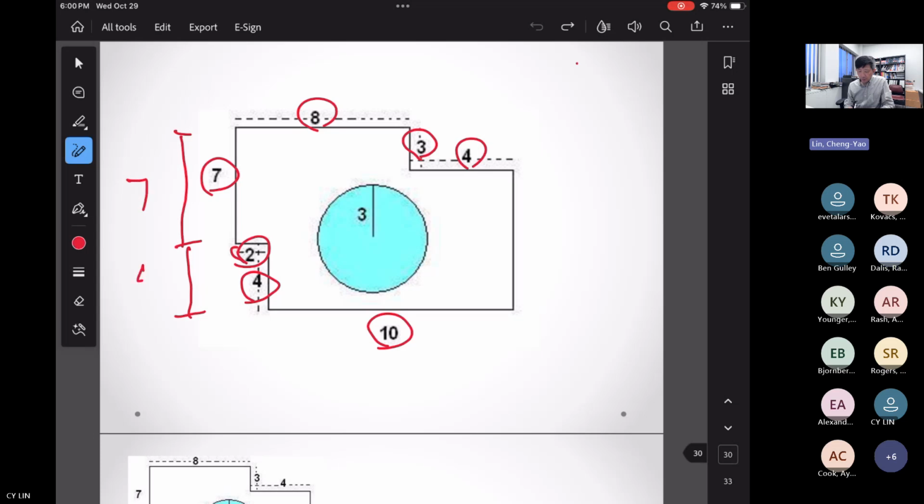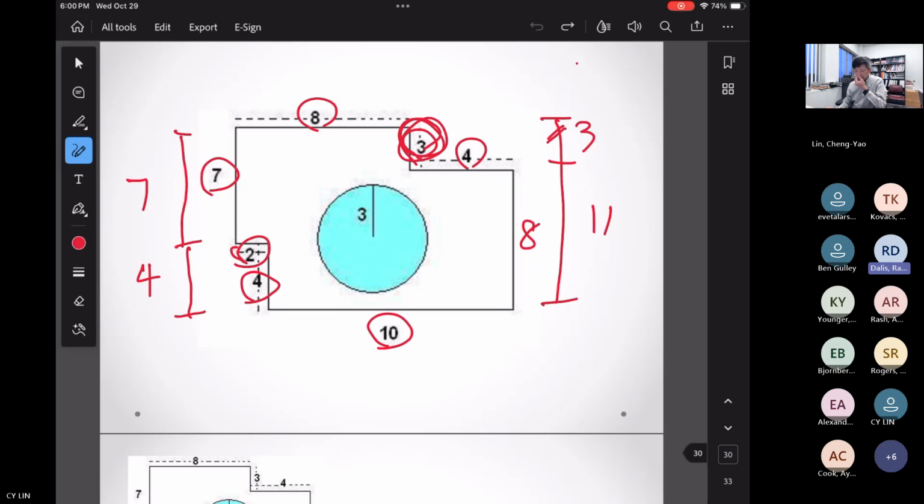Okay, 7 and 4. So total right here is 11. Are you with me for this? Now we take 11 minus this 3, and then that would be 8. Did you get 8? Yes or no?